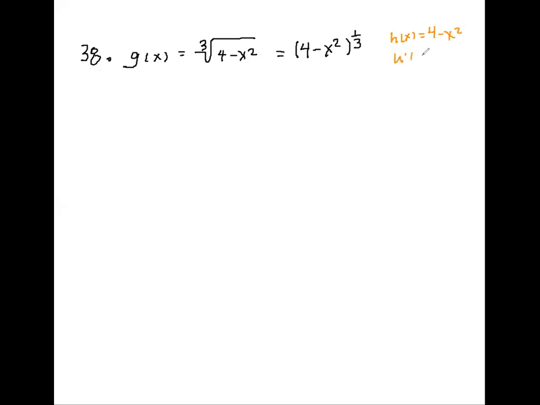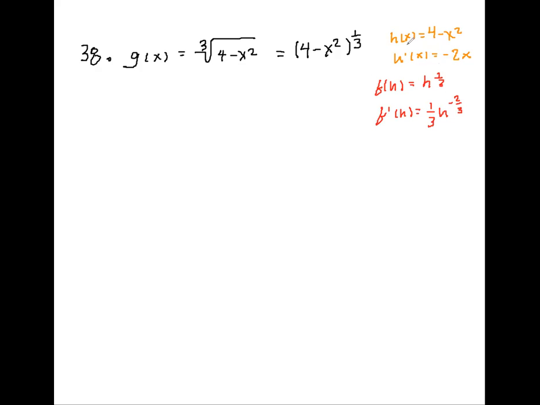So h prime of x is equal to minus 2x. And then my outside function is going to be f of h, which is going to be h to the 1/3. And f prime of h is going to be 1/3 h to the minus 2/3, right?